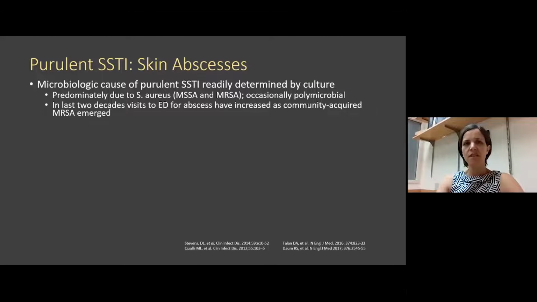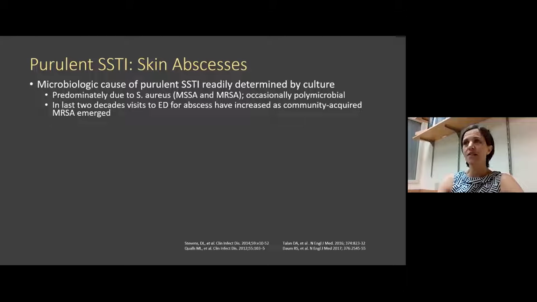So first, let's cover the purulent skin and soft tissue infections. The microbiologic cause of purulent skin and soft tissue infections is readily determined because there's pus there, right? You can culture it. Predominantly, these are going to be due to Staph aureus, and that includes methicillin-sensitive Staph aureus and methicillin-resistant Staph aureus.